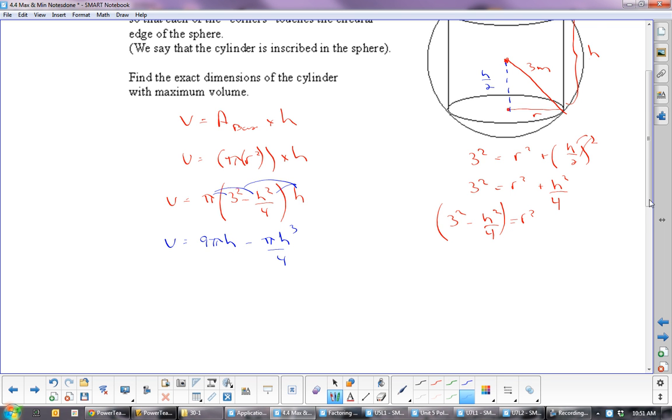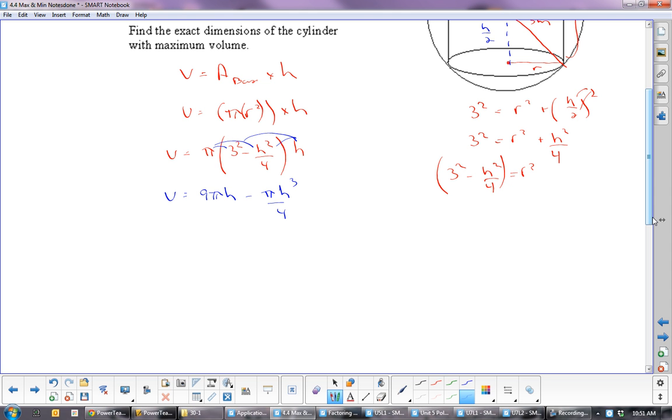Now we're ready to take the derivative, but we can do some creative things here to make the derivative easier. Multiply everybody by 4, so that would be 4v equals 36 pi h minus pi h cubed.